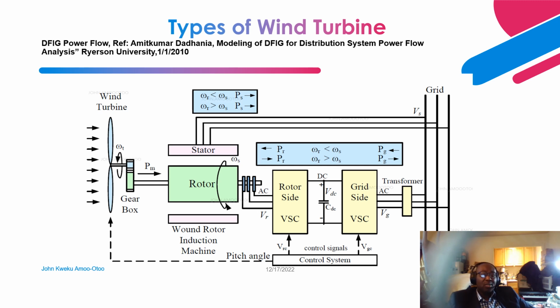And the synchronous operation is when only the stator is exchanging active and reactive power with the grid. And then again, in the sub synchronous mode, the stator is feeding active and reactive power back to the rotor side. So these are the forms of operation of the doubly fed induction generator.